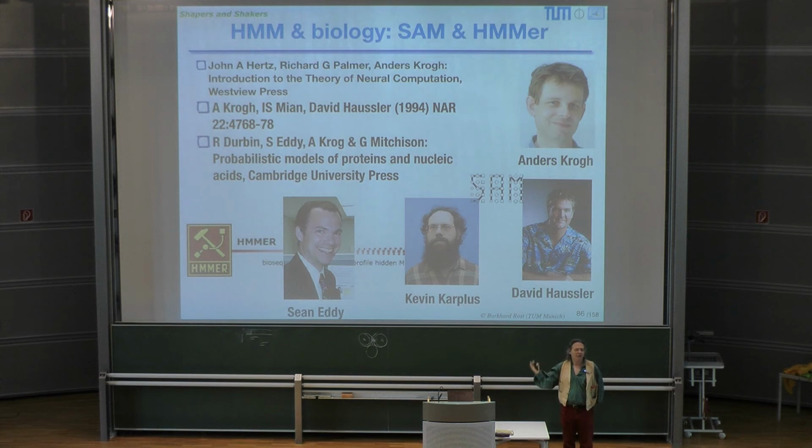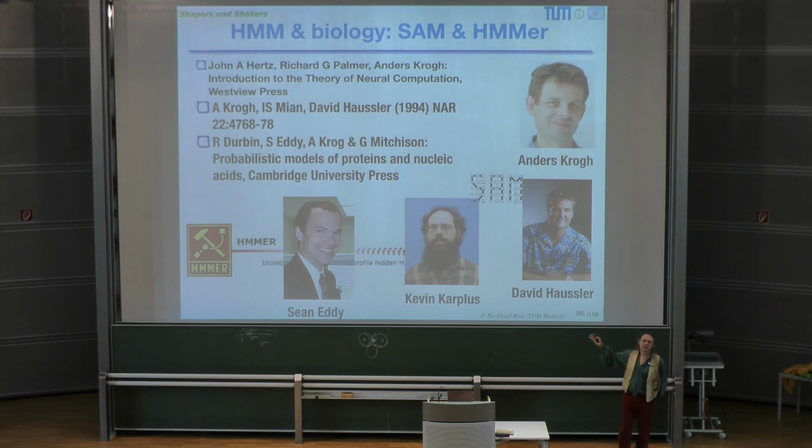And Anash, in fact, was one of the people who had introduced neural networks on a larger scale, had written a book about neural networks, and after this book about neural networks, he sort of began looking into hidden Markov models and thought that would be interesting to have hidden Markov models in biology.